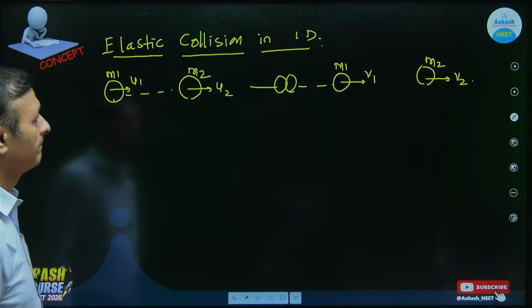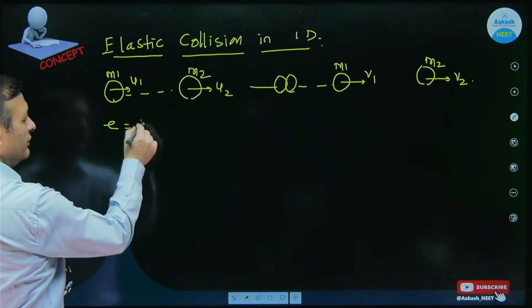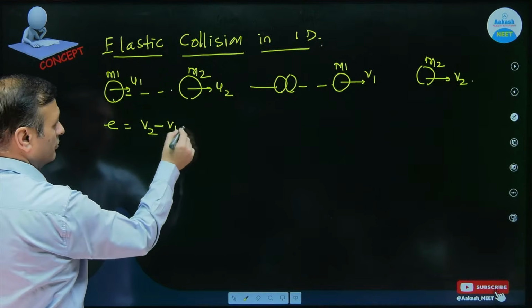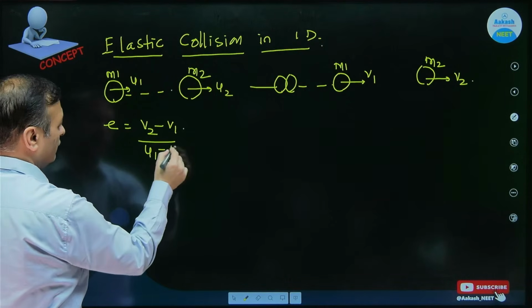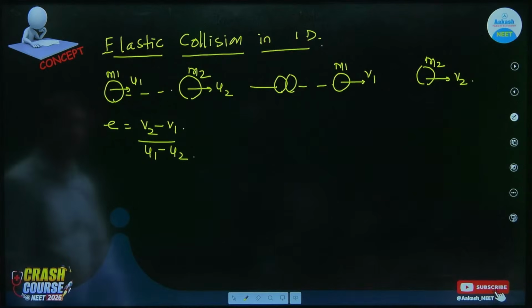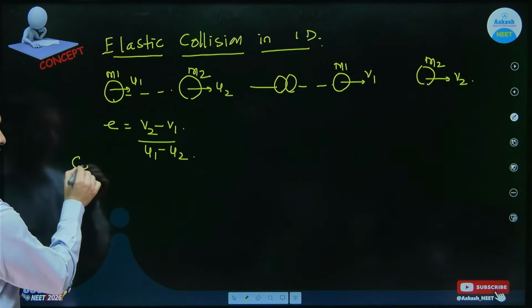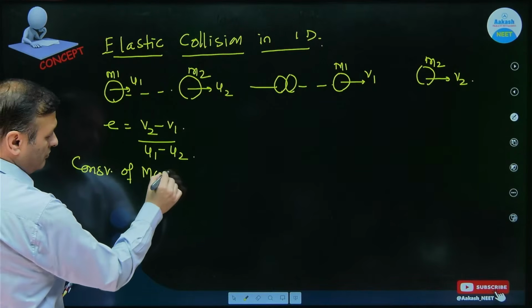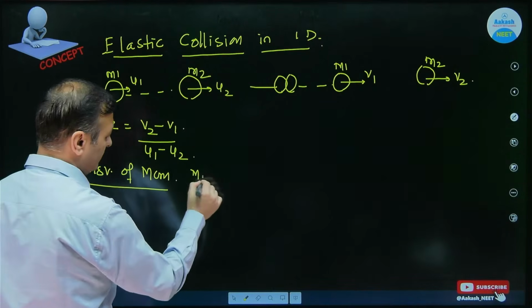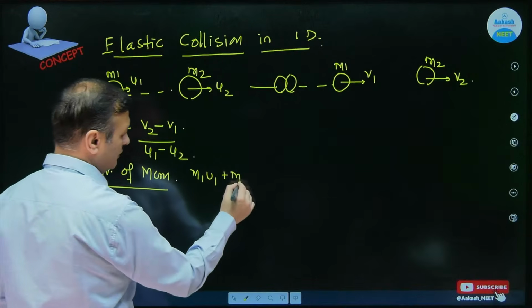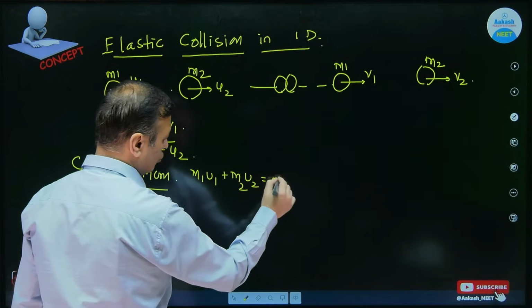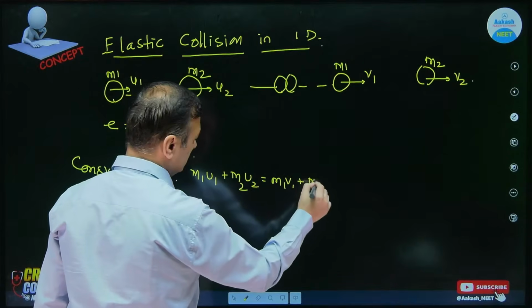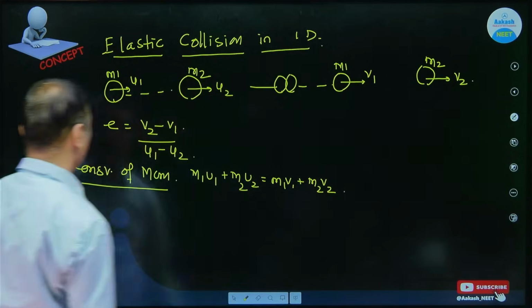You got it? So coefficient of restitution is velocity of separation by velocity of approach. This is the one. Then conservation of linear momentum defines m1 u1 plus m2 u2 is equal to m1 v1 plus m2 v2.